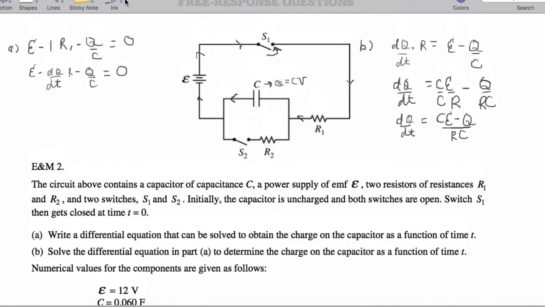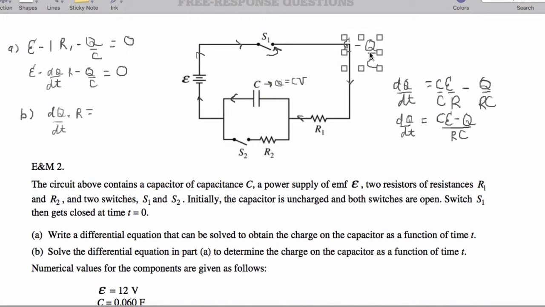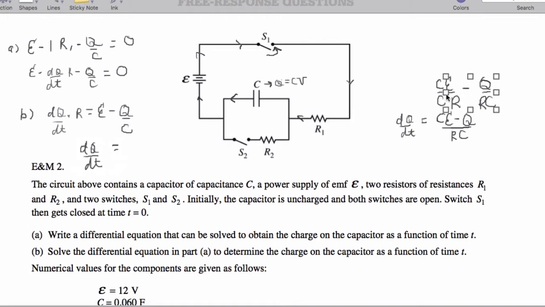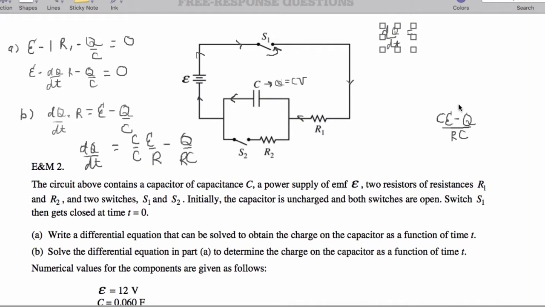And in fact, what I'm going to do is move part of this over here, just to give myself a little bit of room to work. Now I can solve using separation of variables.